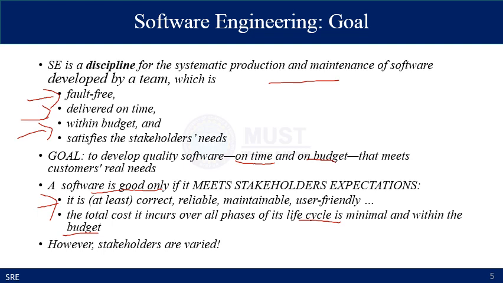However, stakeholders are varied. It depends upon the different stakeholders what particular requirement they are looking for. For example, some stakeholders are more concerned with the non-functional requirements such as reliability, maintainability, or user friendliness, and some stakeholders may be more concerned about the time and the budget constraints of your software product.